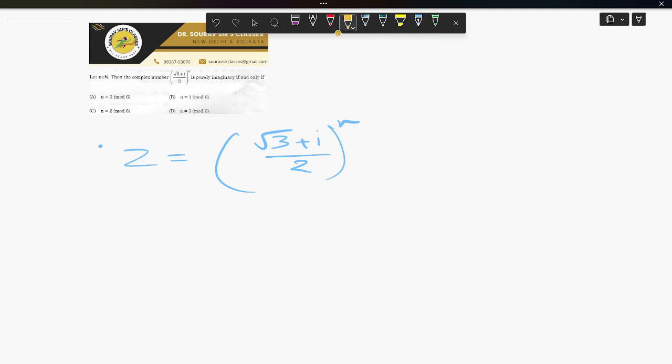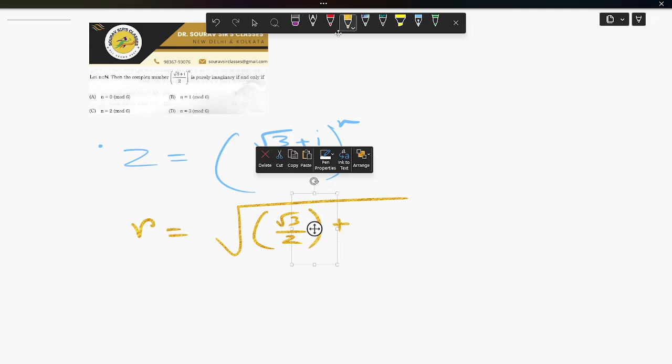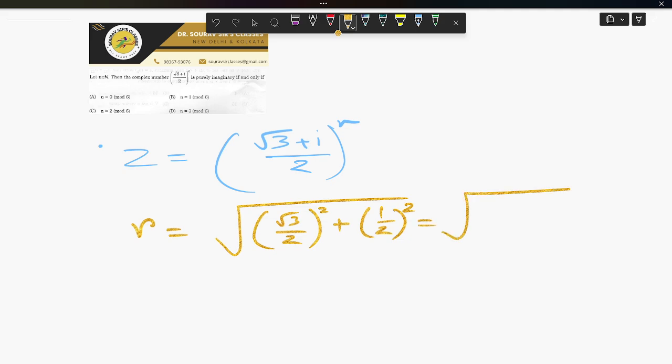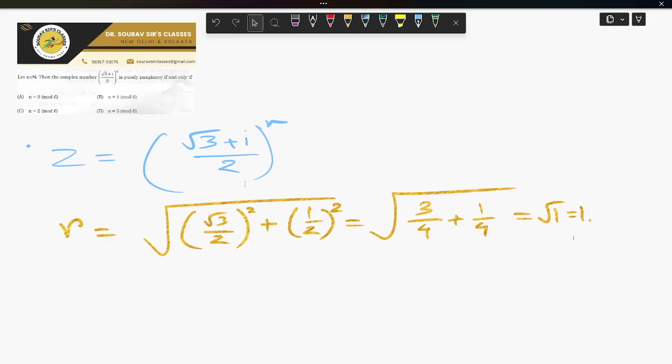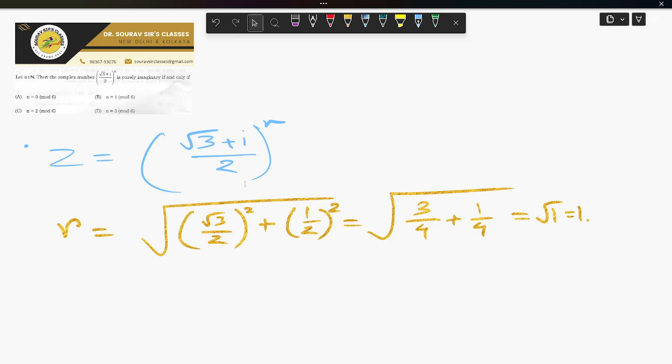We get r equals root over of (root 3 by 2) whole square plus (1/2) square, so root over of 3 by 4 plus 1 by 4, which is root over of 1, that equals 1. Because the radius is a positive term, we take only the positive value.